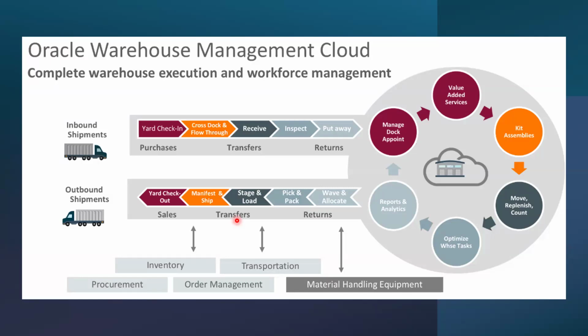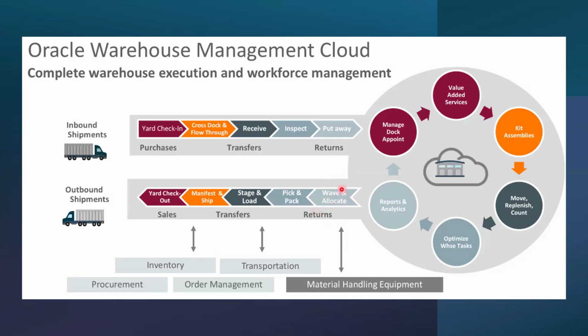We can also create zone based tasks, multiple tasks, and location based tasks. All these rules we have in task templates and allocation rules. As per our business priority, we can configure this. Not customize, but whatever is seeded, we are just changing the parameters or some setups to meet the customer requirements.